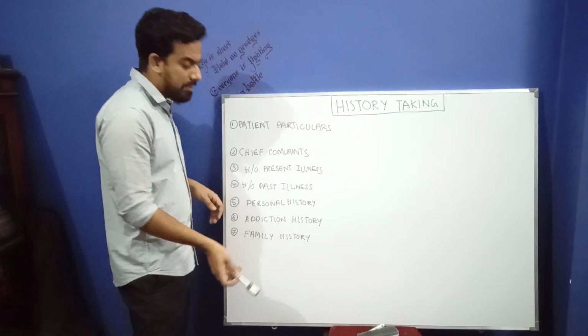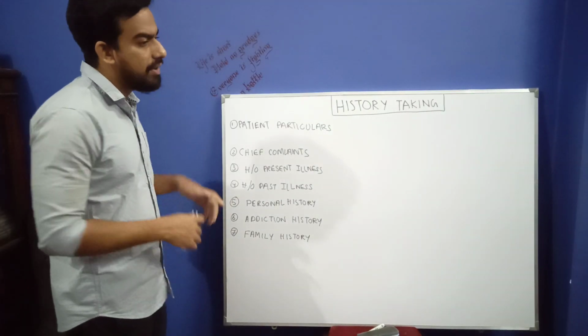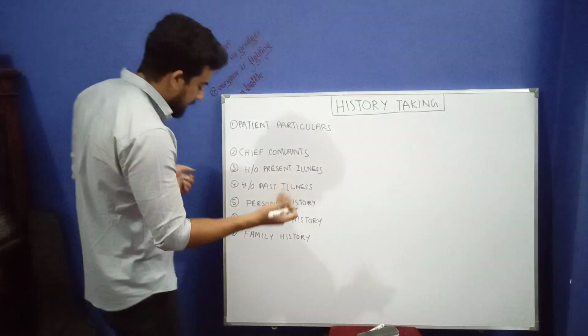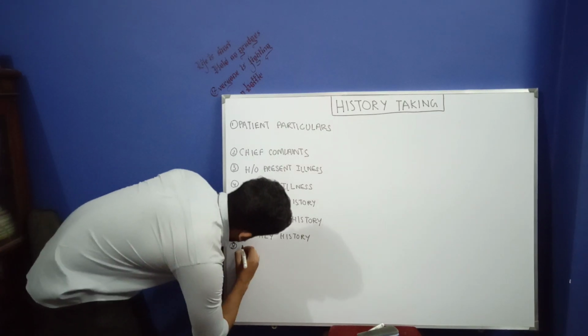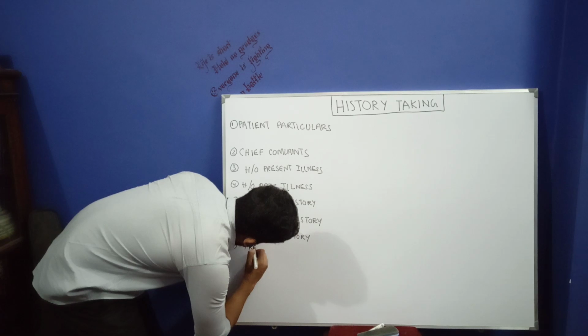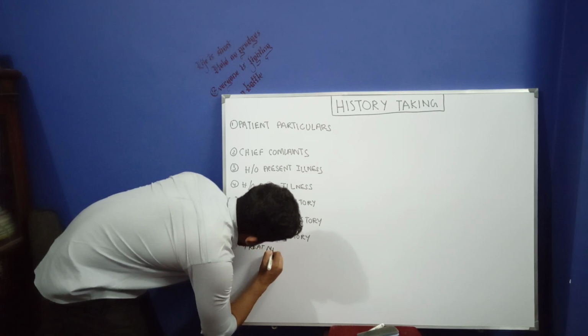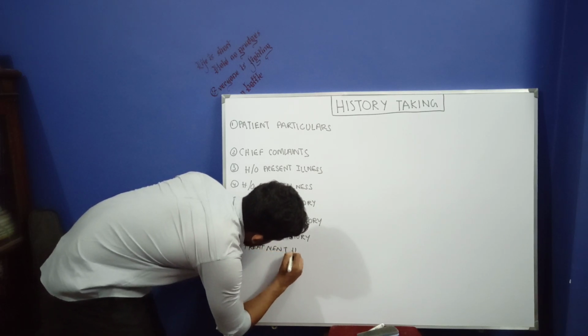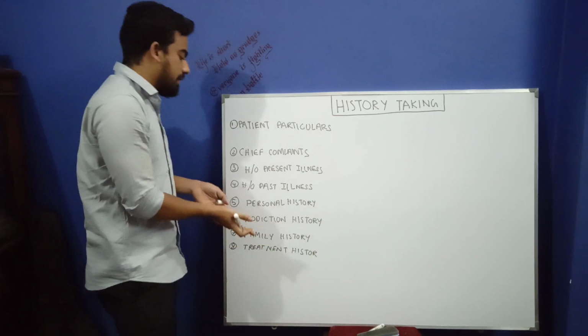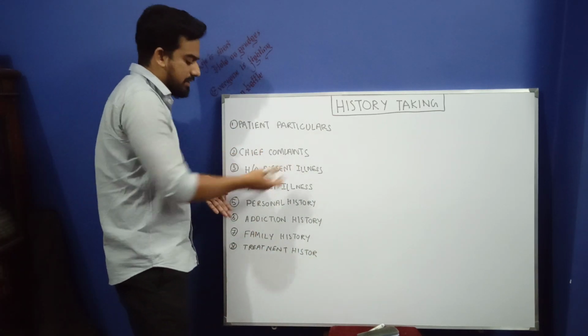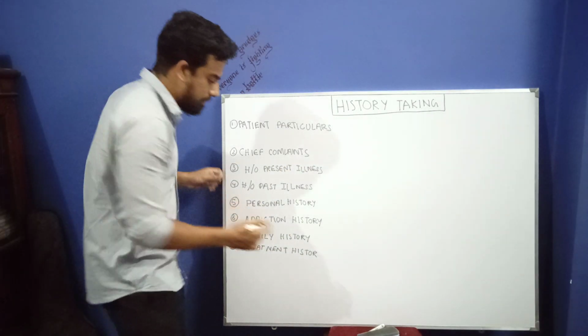So till here it's family history. Apart from this, we have functional history, and some books also mention treatment history. Then again, if you're mentioning the disease in history of past illness, then treatment history doesn't stand any importance.